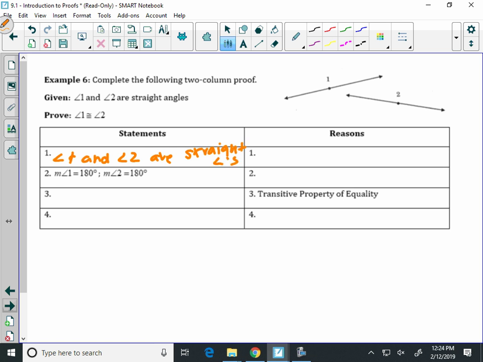And our reason every single time is just given. Okay. What's our last statement every time? What you're trying to prove. And we're trying to prove that angle 1 is congruent to angle 2. We just don't know the reason for that yet.